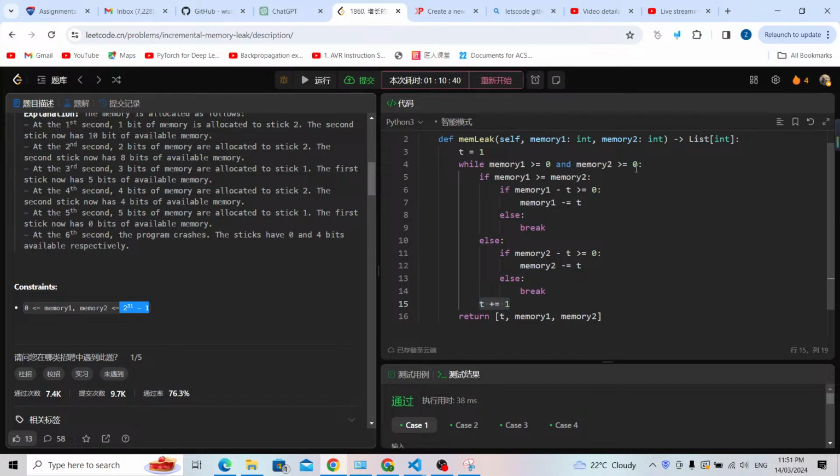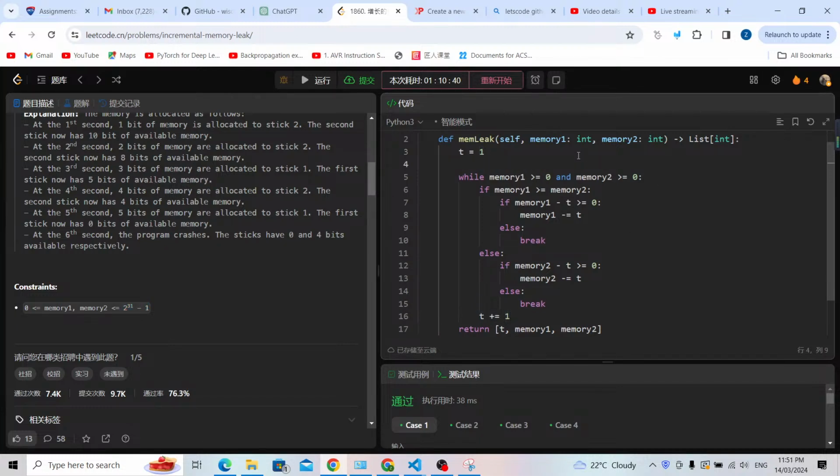Yeah, if you know some mathematics formula about that, because normally 1 plus 2 plus something and plus n should be equal to n times n plus 1 divided by 2, which should be equal to our target 2 to the power of 31. Yeah, so the time complexity is the square root of this number.